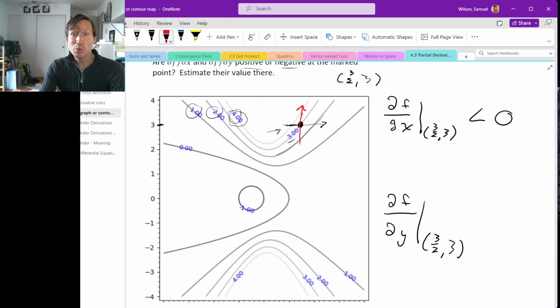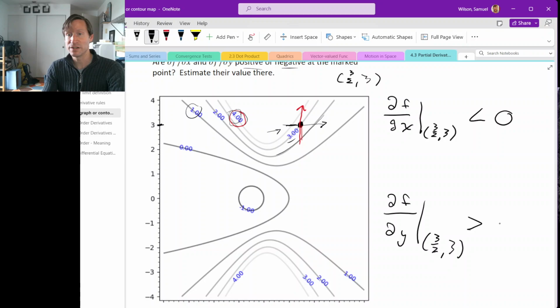When we move upwards in the positive y direction, we get to the contour 4, so we get to a higher contour. If we move backwards in the negative y direction, we get to a lower contour, the contour 2. So as we move in the positive y direction, we're moving from lower contours to higher contours. That means that in the y direction, f is increasing, and so this derivative is positive.